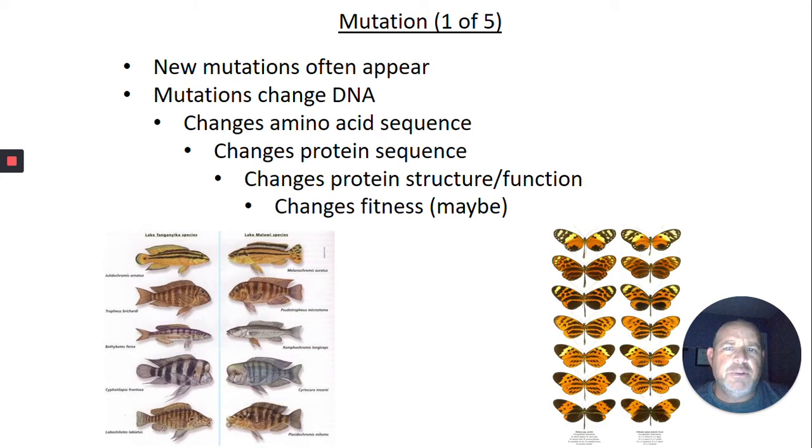So with a mutation, the mutation occurs in the DNA, and then the amino acid sequence changes, and then the protein sequence changes, and that could very well bring about a structure and function change of a protein, and then possibly change the fitness of an organism. And so you can get change because of a mutation.